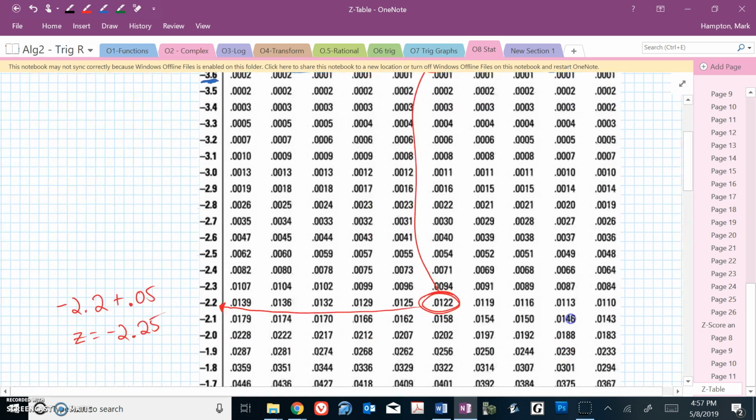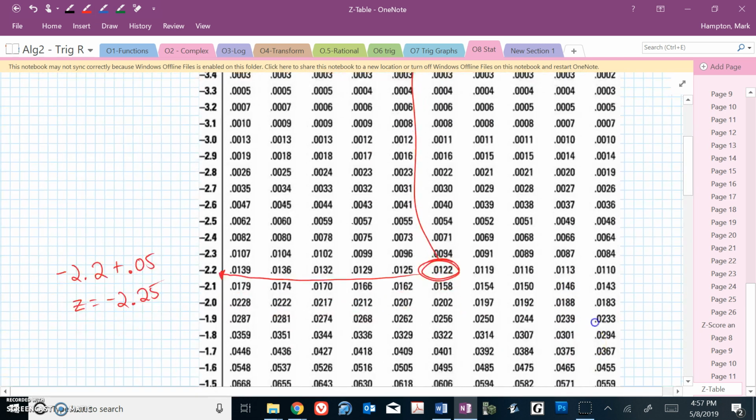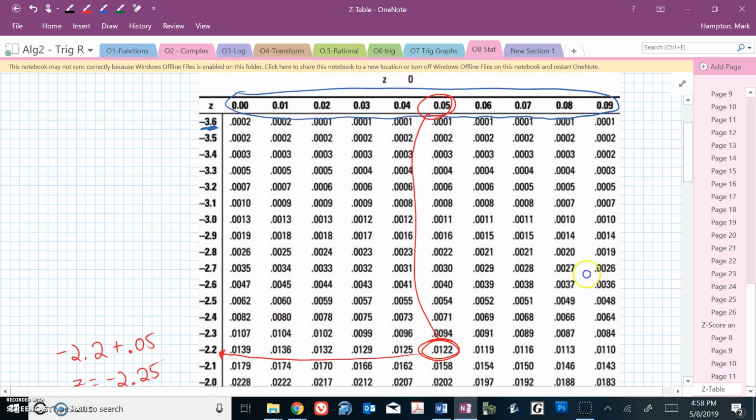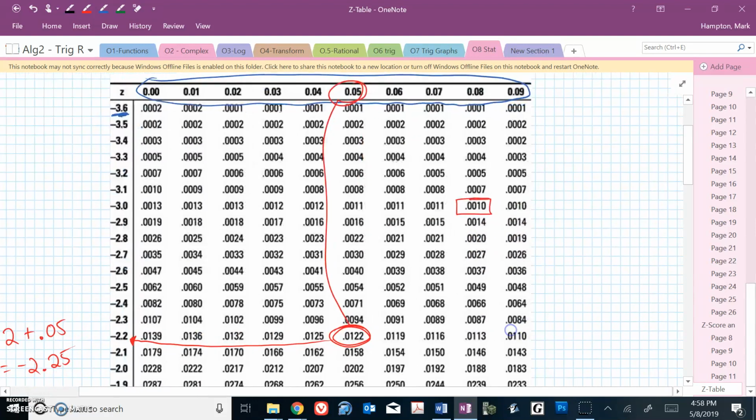Let's not worry about it totally just yet. Let's find another one. Let's look at this one right here, 0.001. The z-score that this represents is, we start over here on our left side with the negative 3.0, and we look up above with the 0.08.